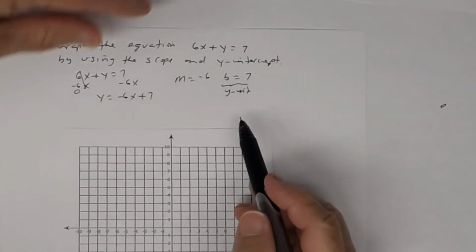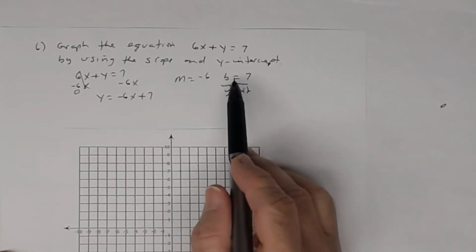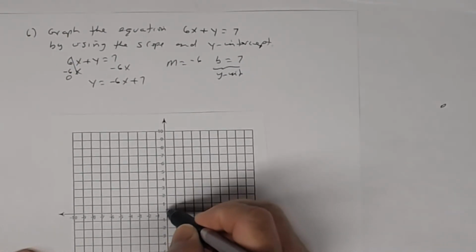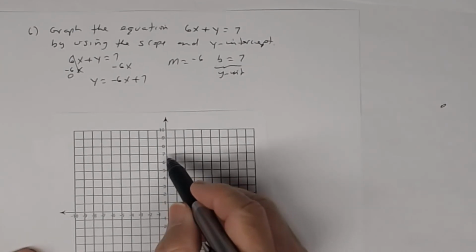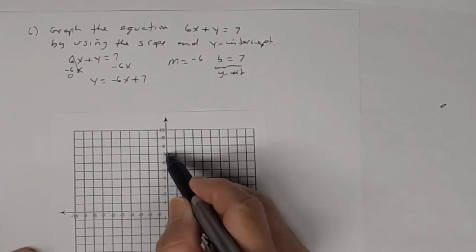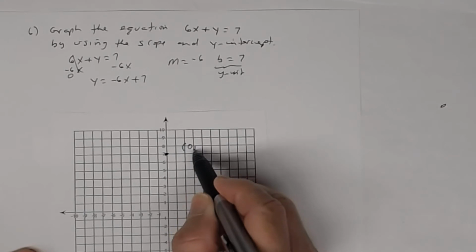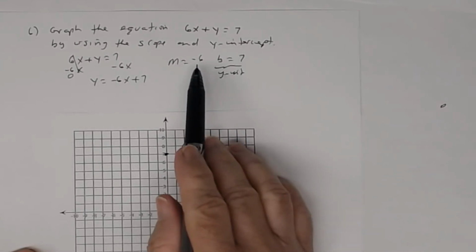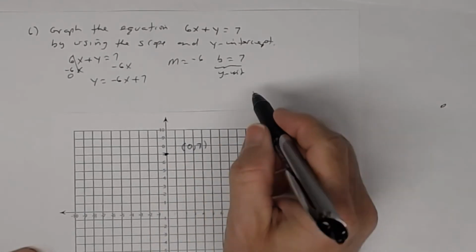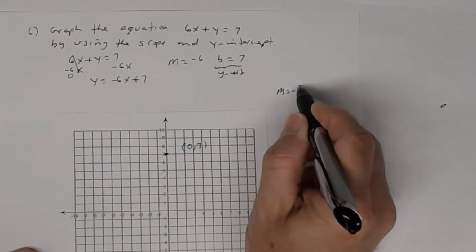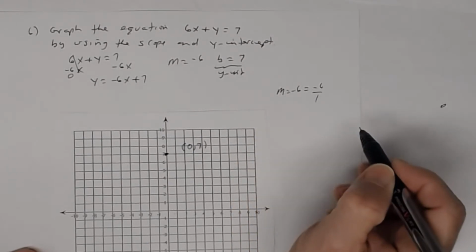Okay? So to graph a line, I need 2 points. Your y-intercept is one of them. So the graph's going to cross the y-axis at 7, right here. So that's the point 0, 7. And then from there, I'm going to use the slope now to find the other point. So the slope is negative 6, which is negative 6 divided by 1.